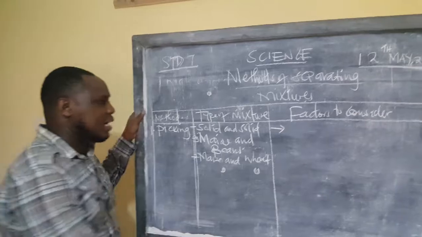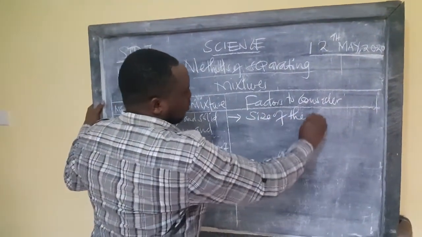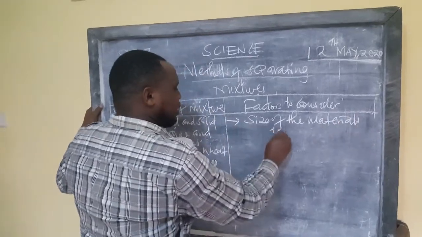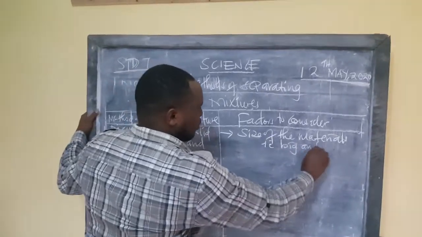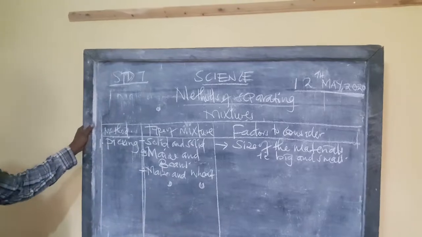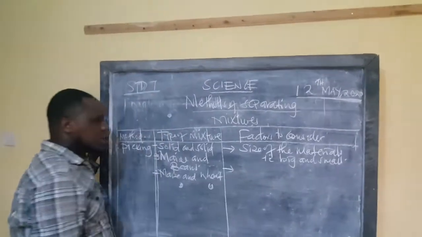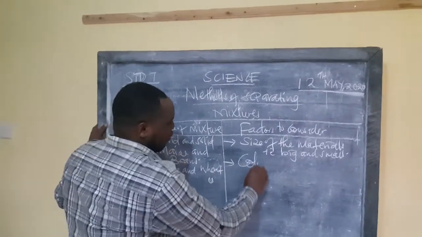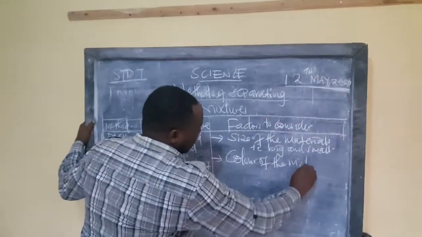Number 1, the size of the materials, that is big and small. Number 2 thing that you consider is the color of the materials.